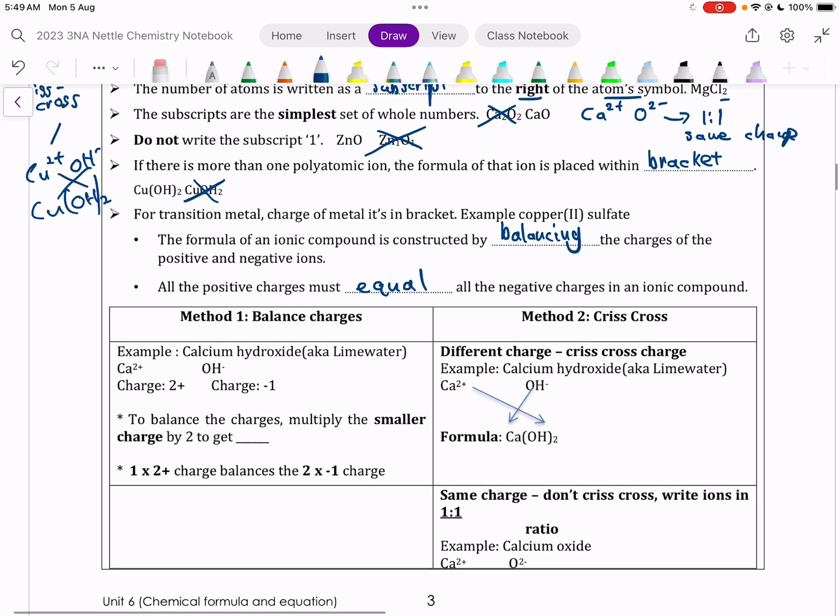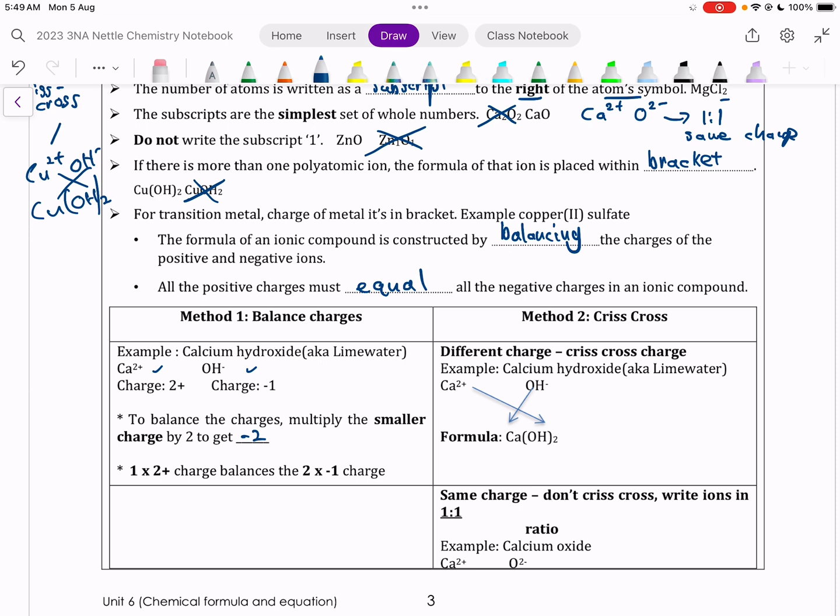Now back to this crisscross method. Of course there's another method where you simply balance the charges. That one is harder. For example, the Ca is 2 plus, OH is minus. To balance the charges, the smaller charge you must multiply by 2 to get minus 2.